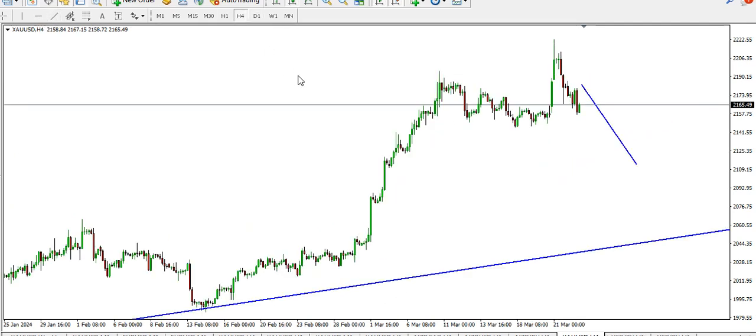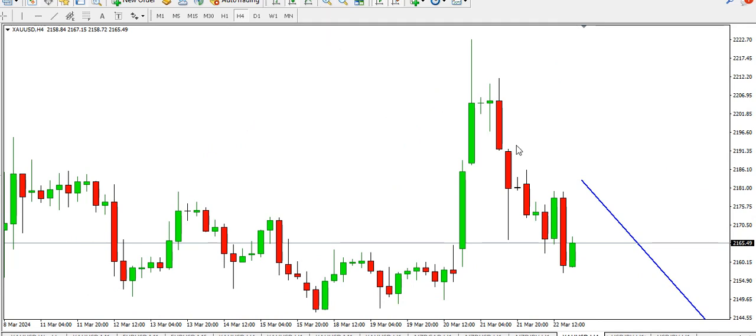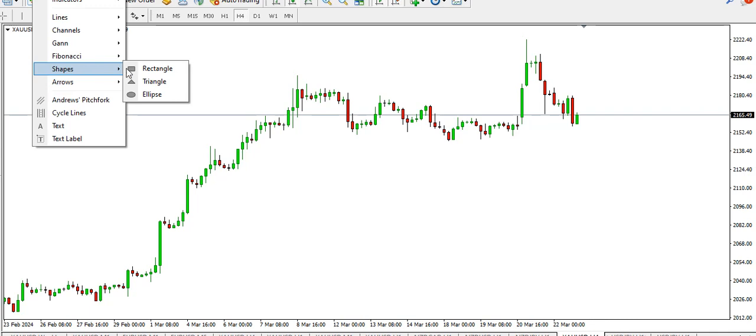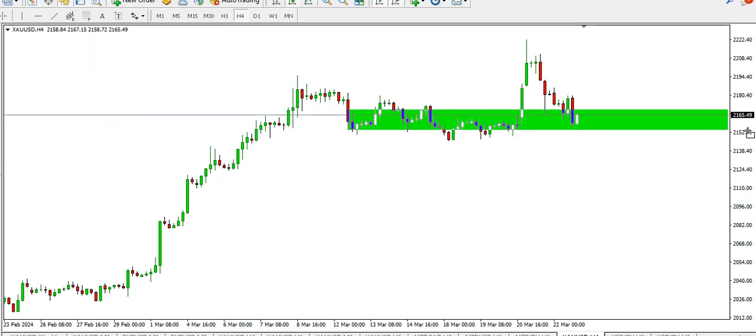On the 4-hour time frame, what do we have? We can see that the bears are pushing price to the downside, but this particular area might likely serve as a range, a place of consolidation.